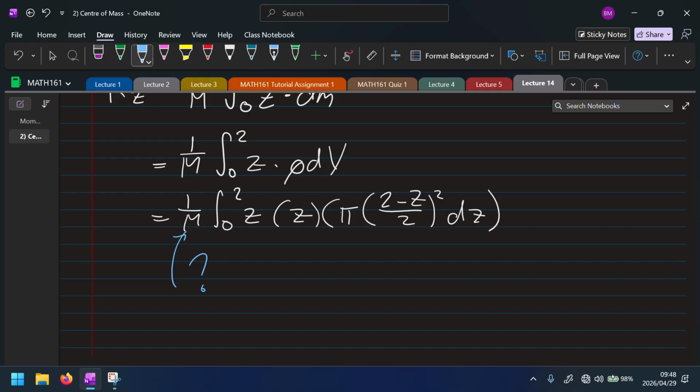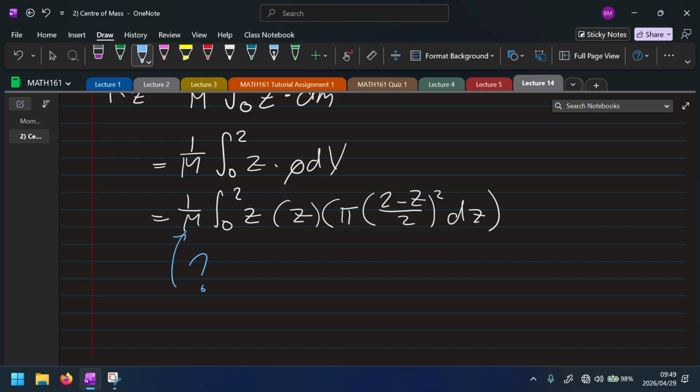So we've substituted everything. We need the total mass for that denominator. What do we do? There's a little hint from what we just wrote there. Not just times volume.